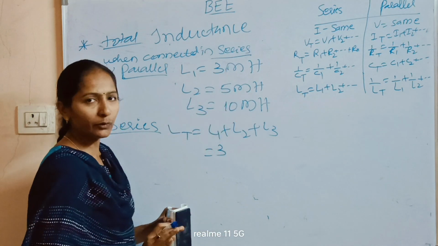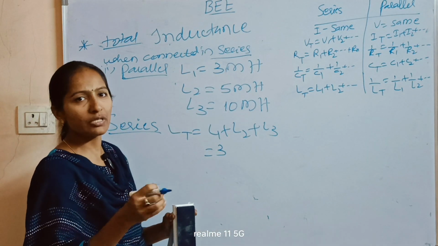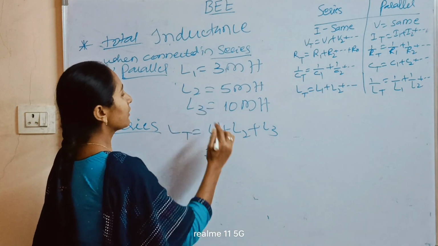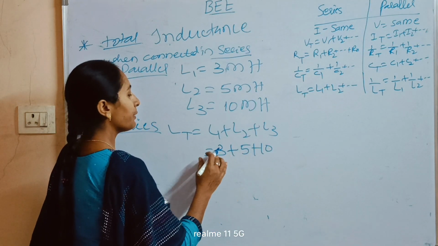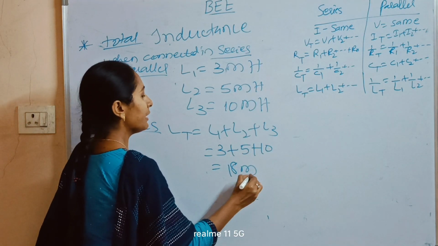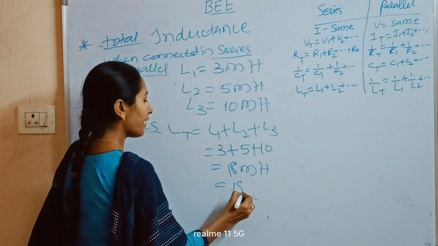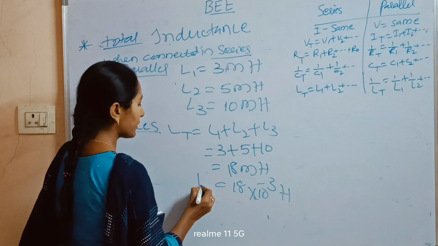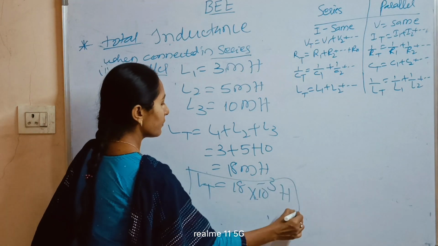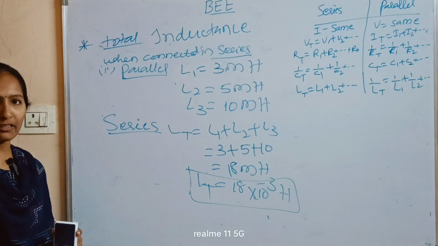All are in milli only, so the final value is also in terms of milli. So 3 plus 5 plus 10: 15 plus 3, 18 millihenry, that is 18 into 10 power minus 3 henry. This is the total inductance when connected in series.